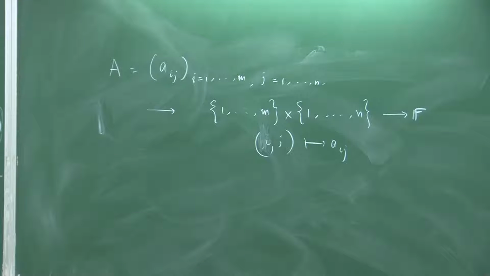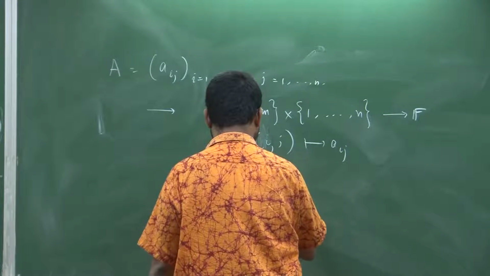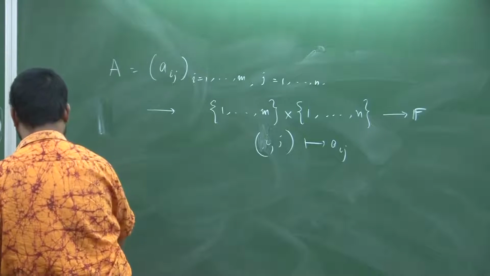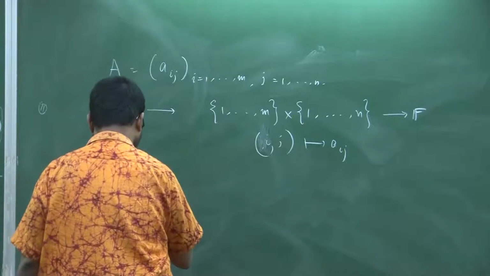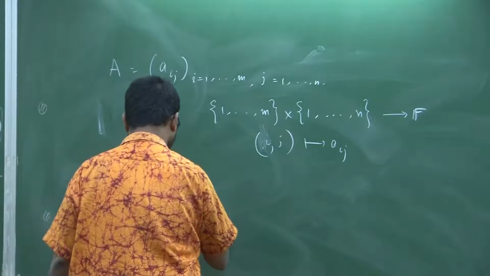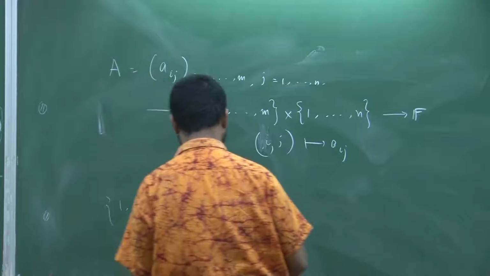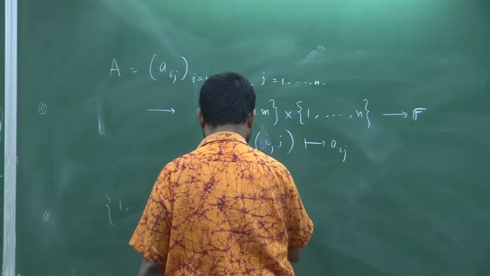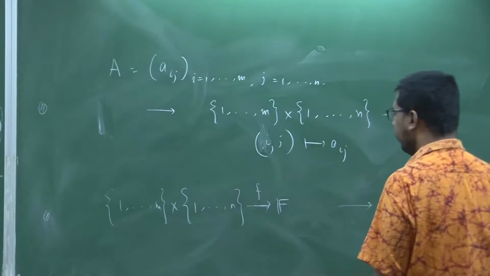Equivalently, we have a reverse process. So, this is the one thing. The second thing is its reverse process. Given a map, let us denote this map by some f, then from that you have a mechanism to construct a matrix.